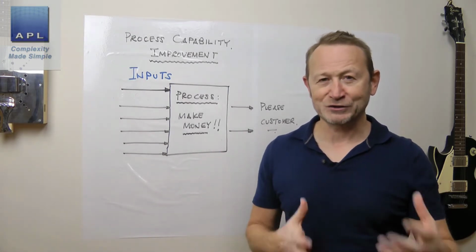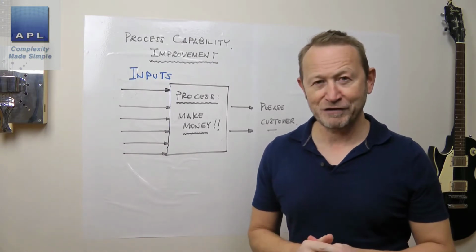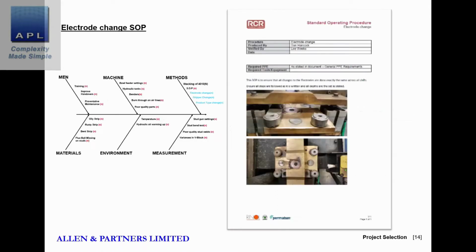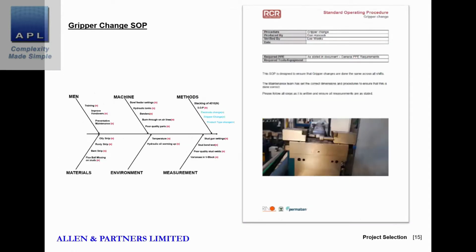So let's carry on and look at what they're doing on the cause and effect diagram. So here we are, look. Now they're looking at the machine, as I mentioned earlier. So now they're looking at electrode change, gripper change, and changing over the product type. And you see them now writing standard operating procedures. This is for the electrode changeover. What else have we got?